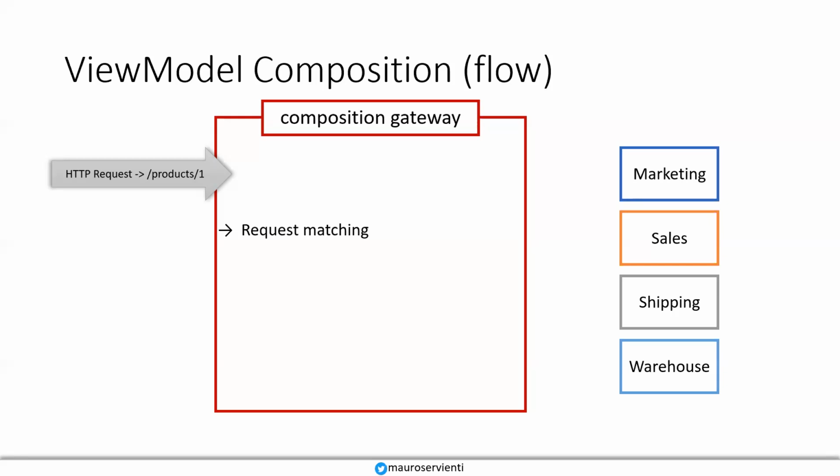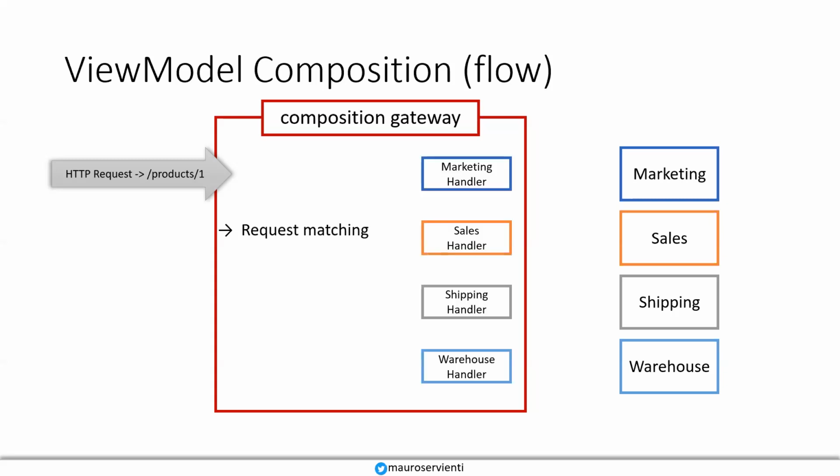What request matching means is that the composition gateway goes to every service and says, are you interested in handling this incoming request identified by this URL /product/1? And all the services interested, they just reply yes. In this case, the 4 services that we have, they will reply yes, but they could be just 1 or 2, doesn't really matter. In this case, they are all the 4.